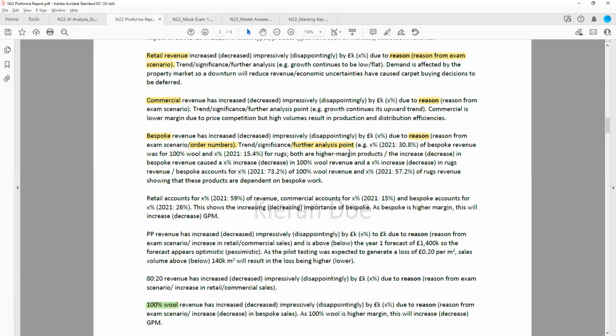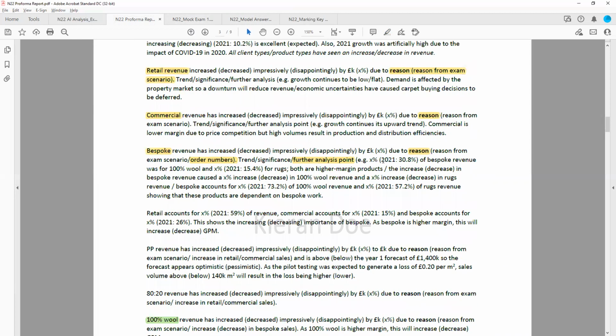So we could say, for example, as I said, there's different ways you can look at it. We could say how much of bespoke revenue is for wool and how much is for rugs, and explain that they're both higher margin products. Or we could say the increase in bespoke has caused an X% increase in wool revenue and an X% increase in rugs revenue.